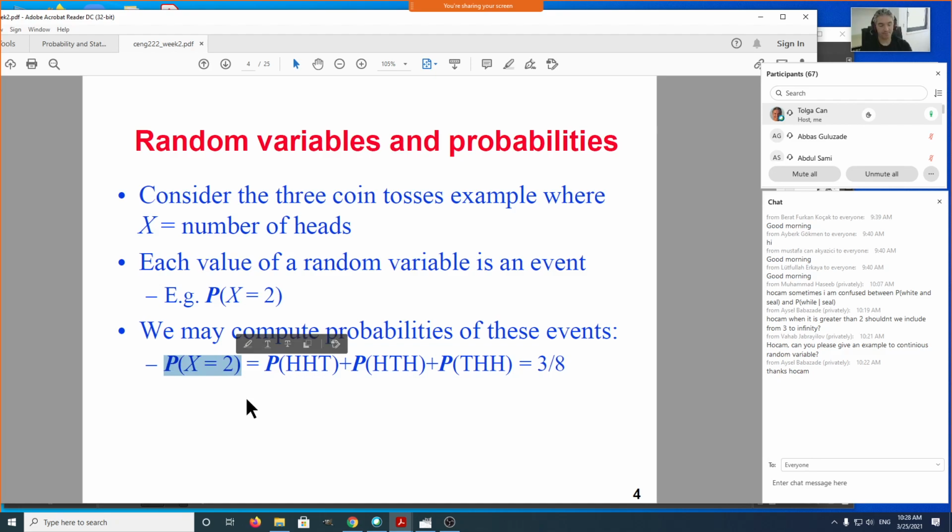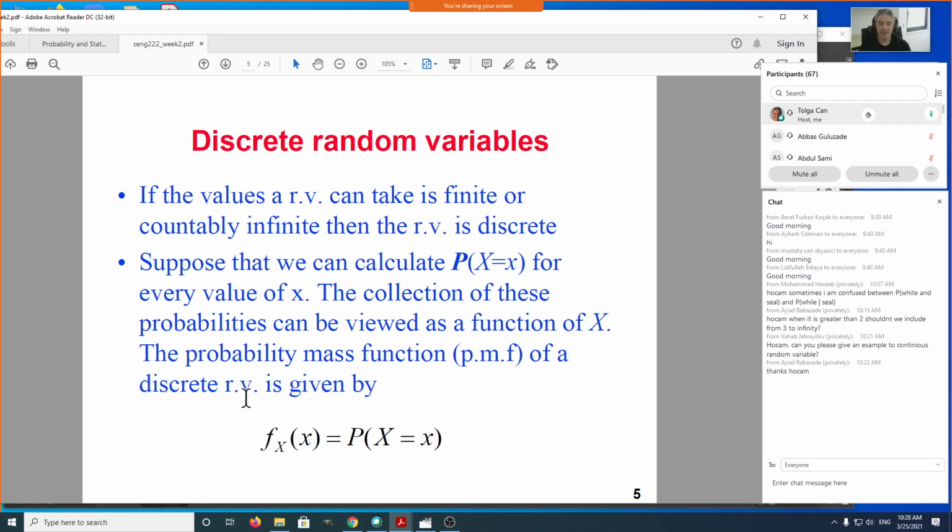And here, when we analyze these things, if you look at all the probabilities for all the values a random variable can take, in the case of discrete random variables, we call this a discrete random variable if the number of values this random variable can take is finite or countably infinite, then the RV is discrete.